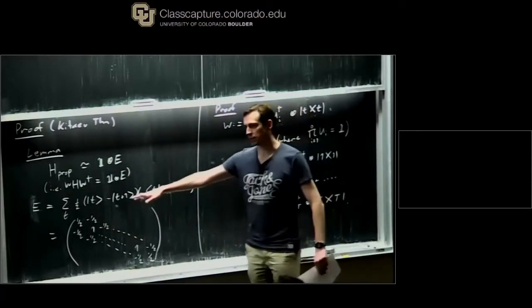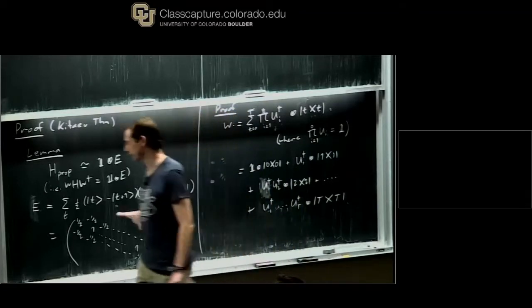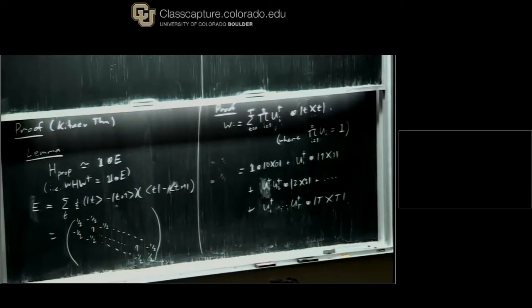So all of these rows sum to 0. So if I multiply the all ones vector by this, I get 0. In other words, phi 0 is a 0 eigenvector of E. And you can show that this matrix is in fact positive semi-definite. So that's the minimum eigenvalue. So in any case, this is equal to 0.